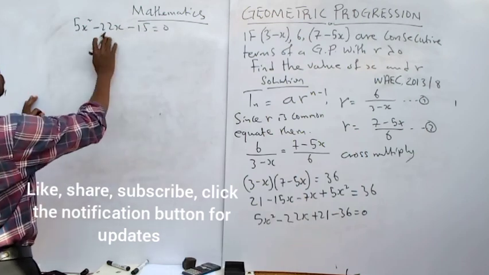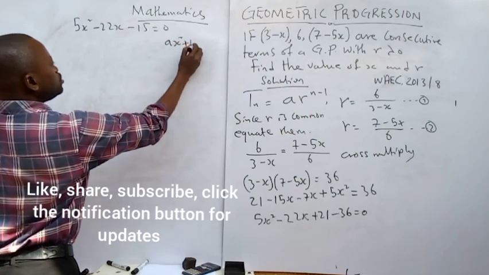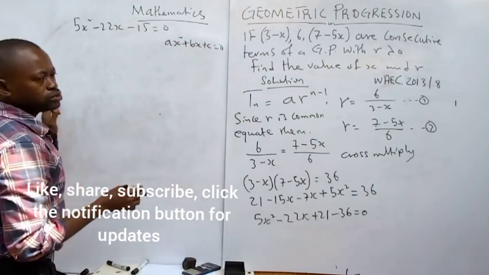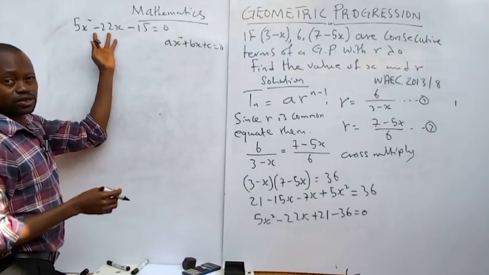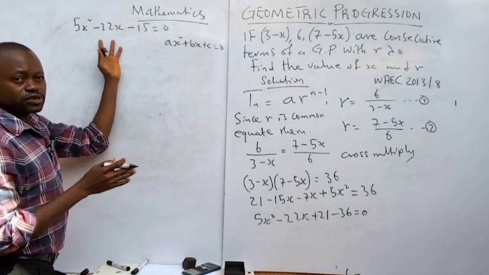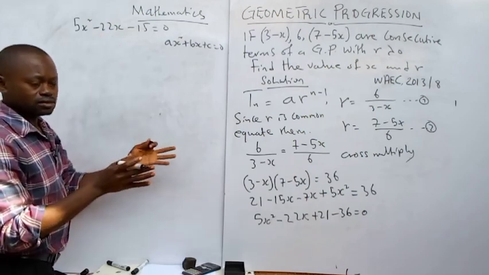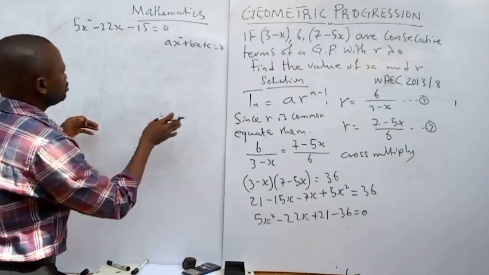This is a quadratic equation of the form ax squared plus bx plus c equals to 0. And I am going to use the quadratic formula as fast as possible. I can check if it is factorizable, but there's no time for that. When I'll be discussing algebra here, we will go deep down inside that. All right.